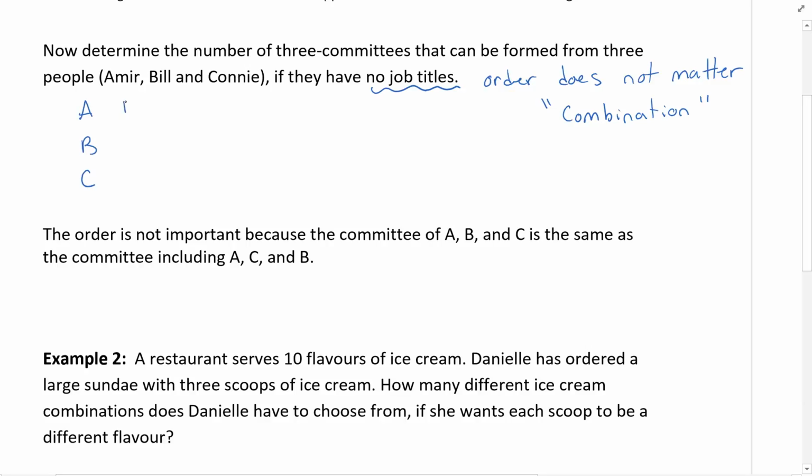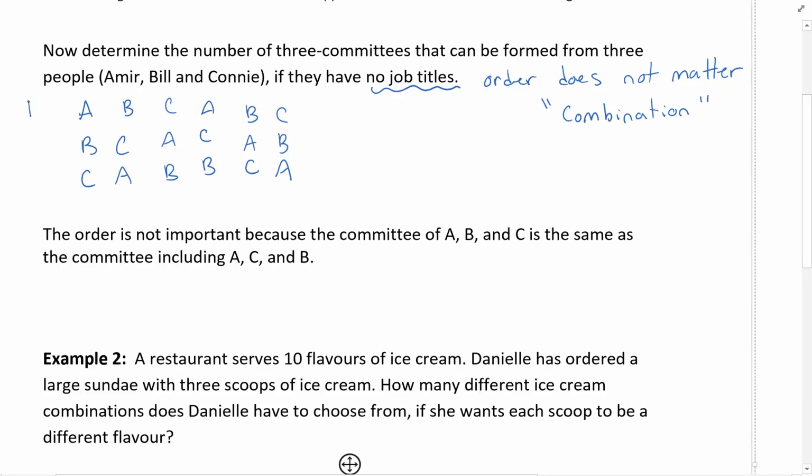I can do Bill, Connie, Amir. I could do Connie, Amir, Bill. And if I do this properly, I should get how many different committees here? I have 6 different committees here.